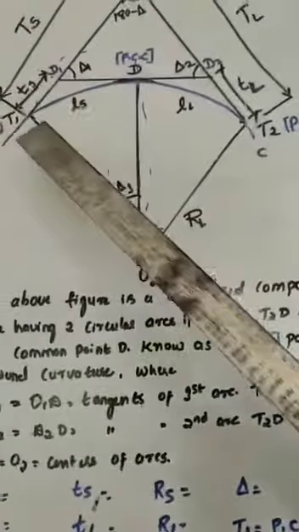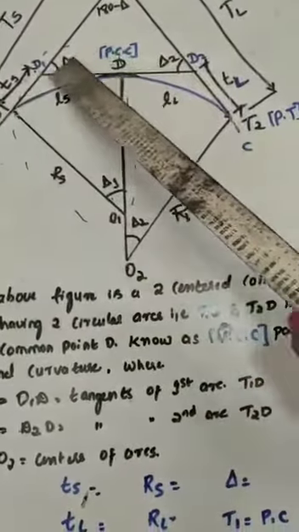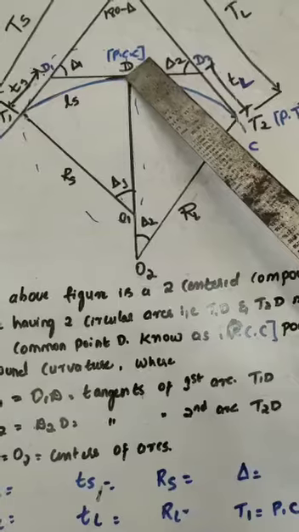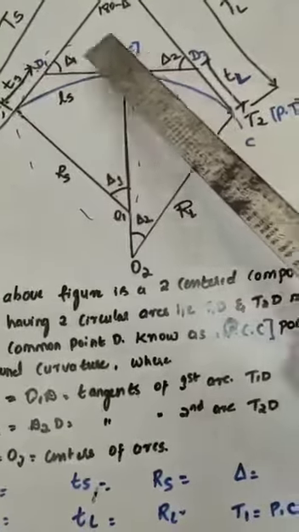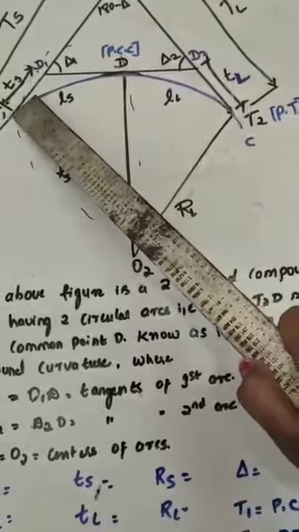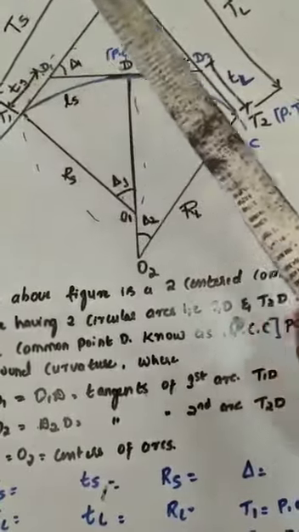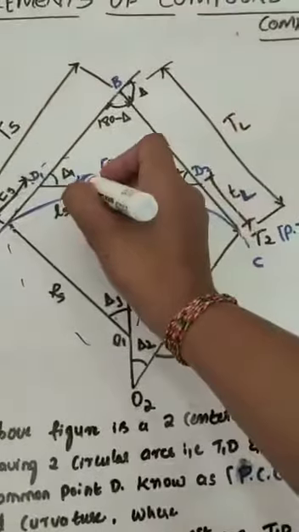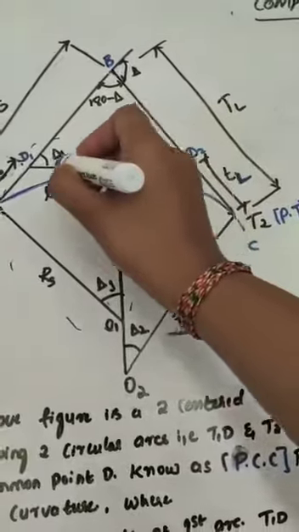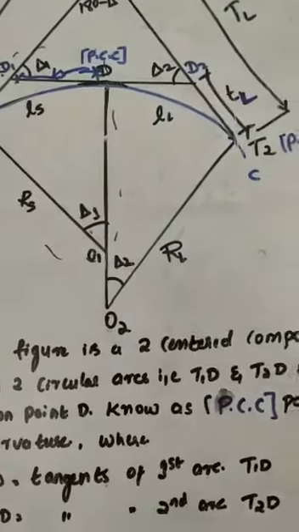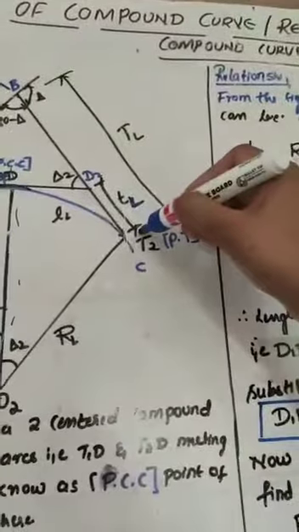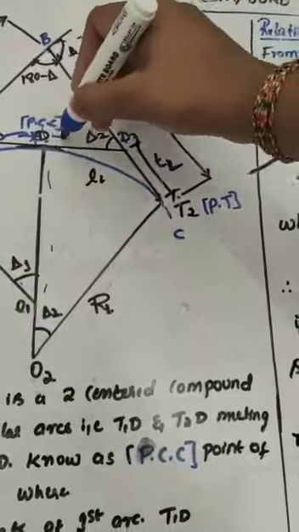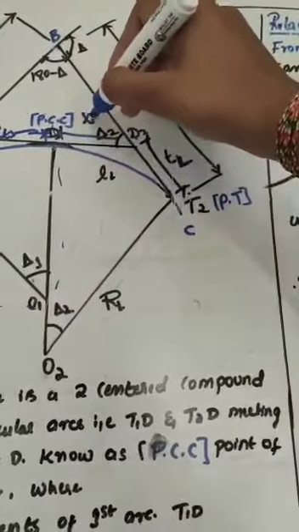In a similar way, for the tangents drawn for this second circular arc from the exterior point, those two tangents are also equal. So if T1 D1 is small ts, then D1 D is also small ts. In a similar way, if T2 D2 is small tl, then D2 D also becomes small tl.